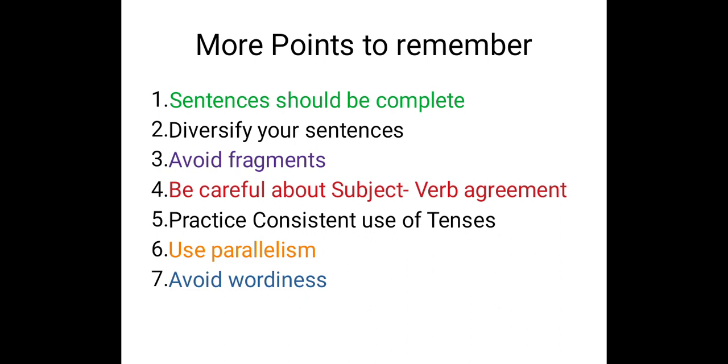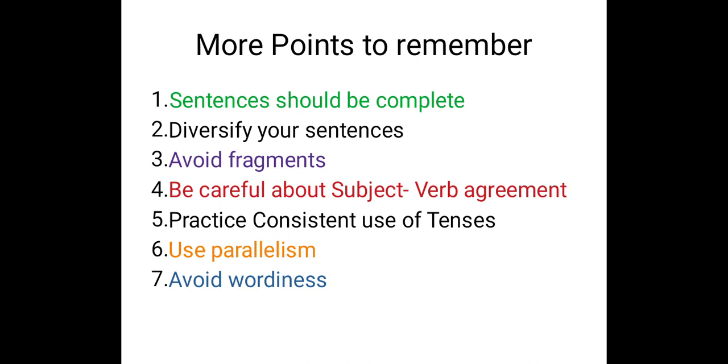So, in connection with the use of grammar in your academic writing, these points can also be remembered. The first point is the completeness of sentences. You have to diversify your sentences. A variety of sentences should be used. You have to avoid fragments; incomplete meaning expressions should be avoided.